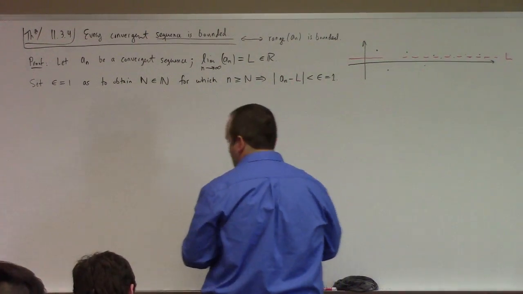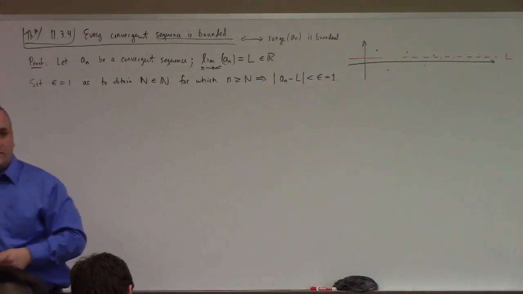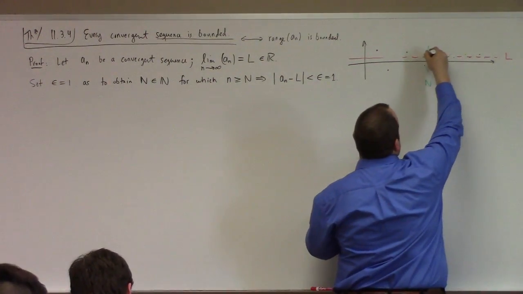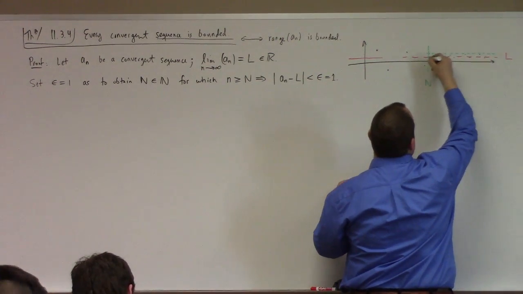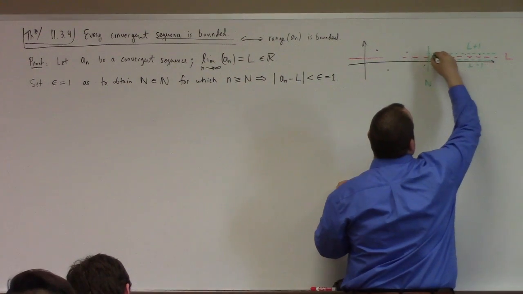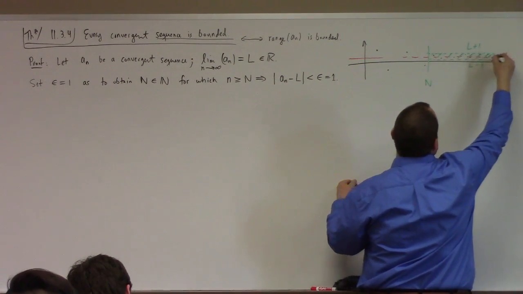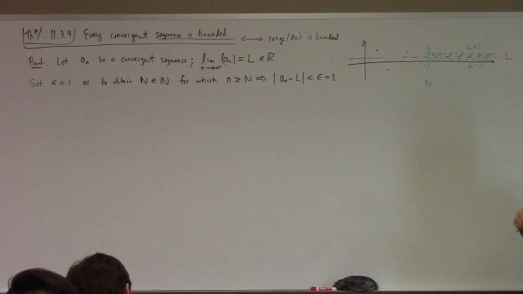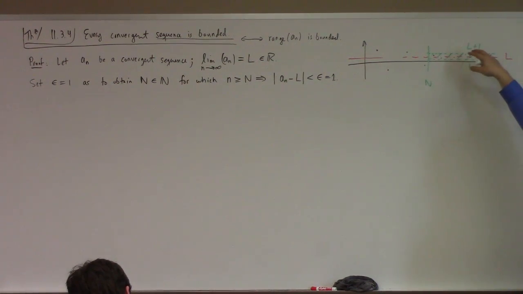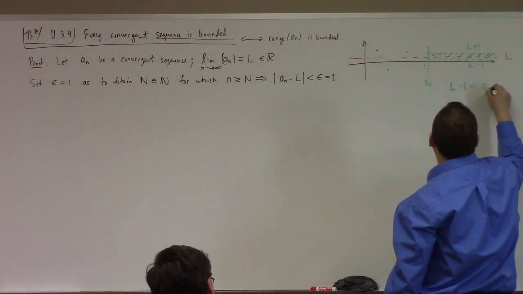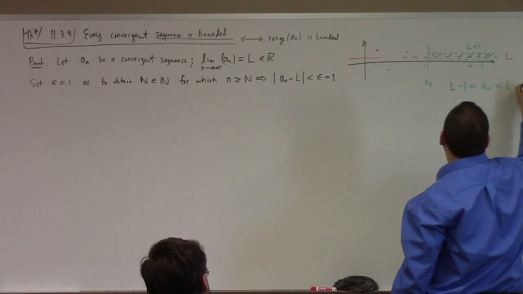Now, think about that geometrically. What does that entitle us to? There's some N here, and maybe this is plus or minus 1 in the graph. Here's L plus 1, here's L minus 1. So basically everything out here in the tail is captured, bounded between L minus 1 and L plus 1. Out here we have L minus 1 less than A sub n less than L plus 1.